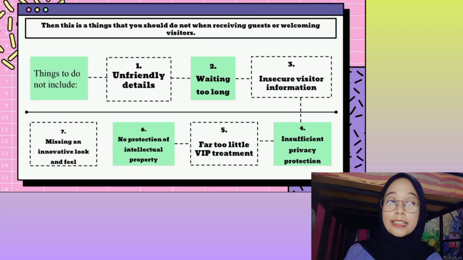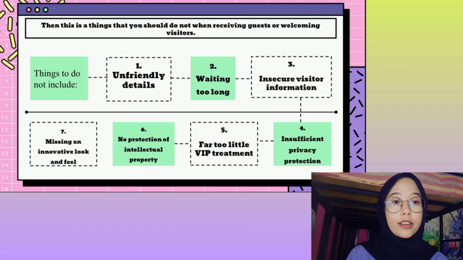Okay, next, these are the things that you should not do when welcoming guests or welcoming visitors. Things you should not do include: number 1, unfriendly details. Number 2, waiting too long. Number 3, insecure visitor information.